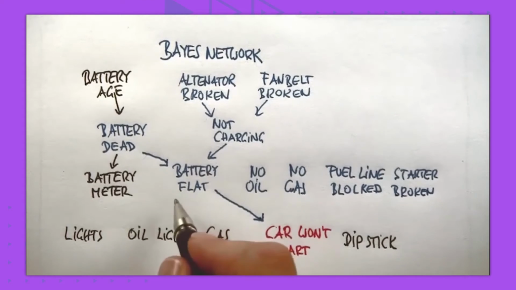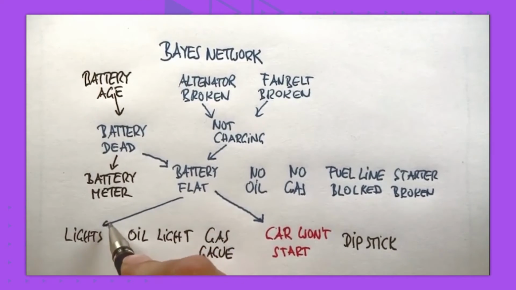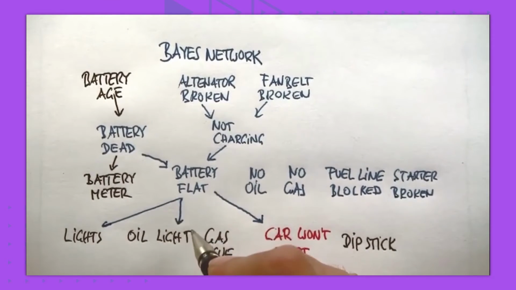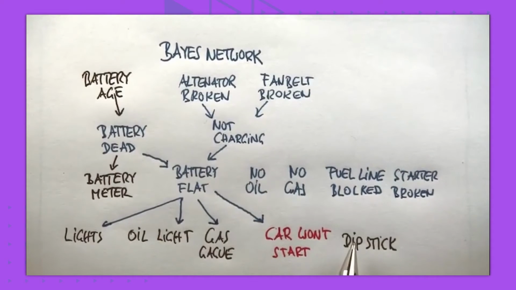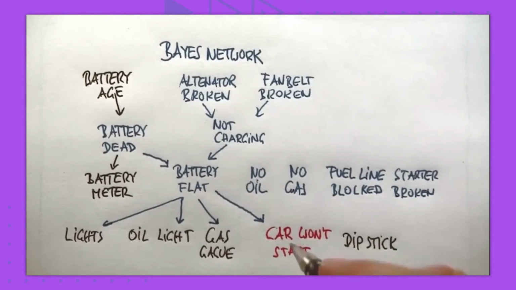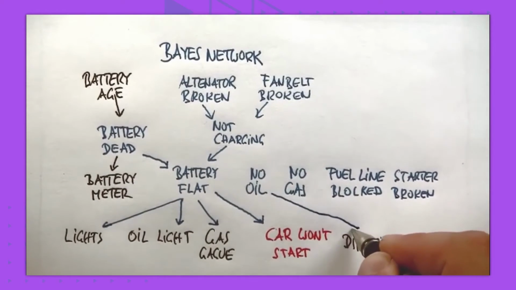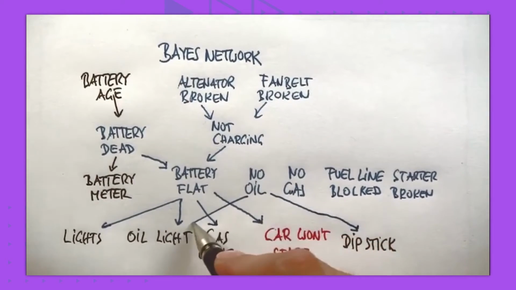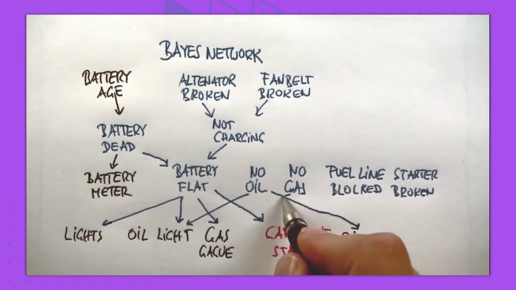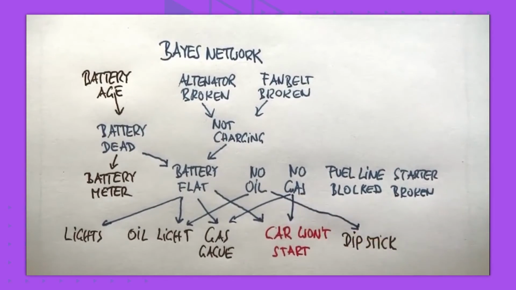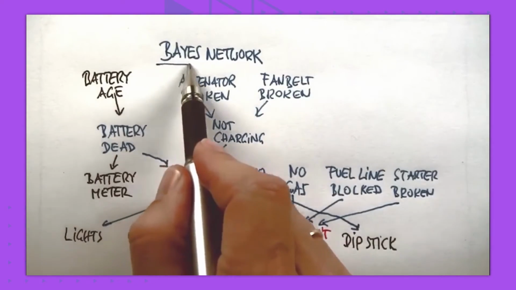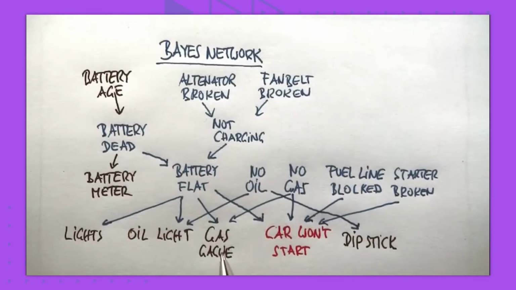For example, the battery flat will have an effect on the lights. It might have an effect on the oil light and on the gas gauge, but it won't really affect the oil you measure with a dipstick. That is affected by the actual oil level, which also affects the oil light. Gas will affect the gas gauge, and of course, without gas, the car doesn't start. So this is a complicated structure that really describes one way to understand how a car doesn't start.